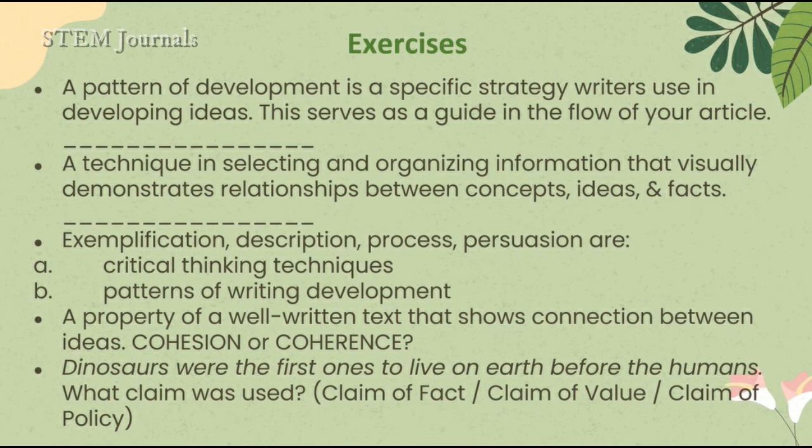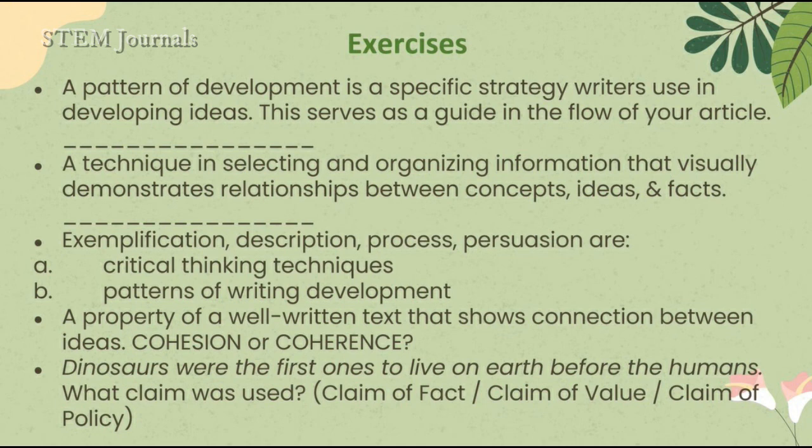How about this one? So my choices, exemplification, description, process, persuasion, are critical thinking techniques ba or patterns of writing development? A or B? Letter B. Letter B po. Okay, that is letter B. Writing patterns. Next, a property of a well-written text that shows connection between ideas. Is this cohesion or coherence?